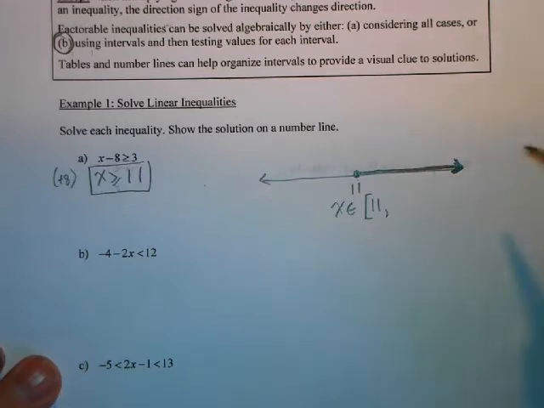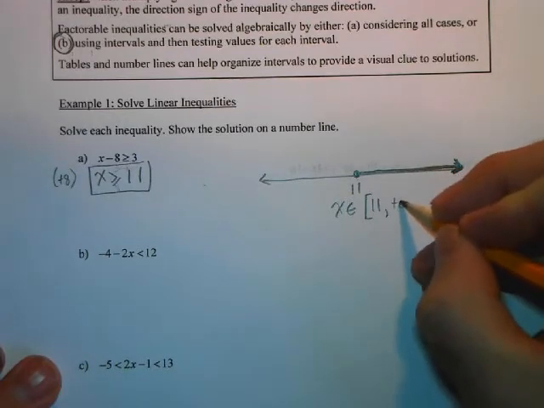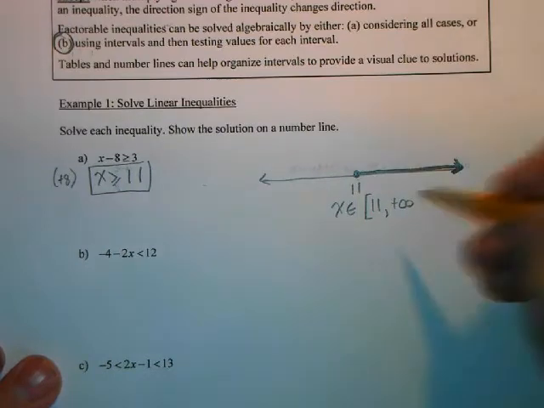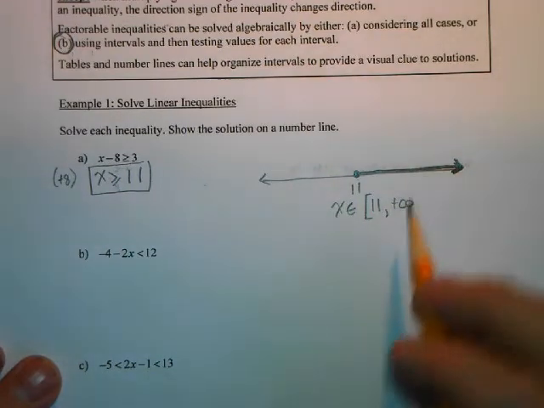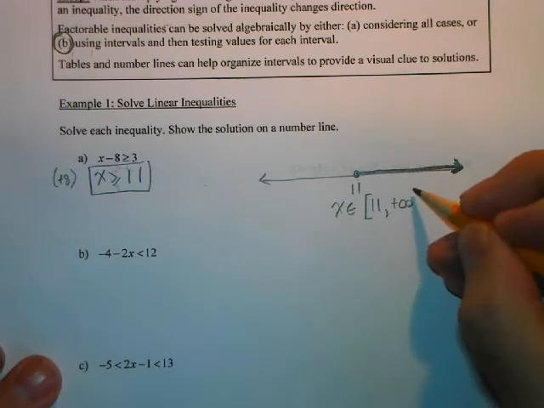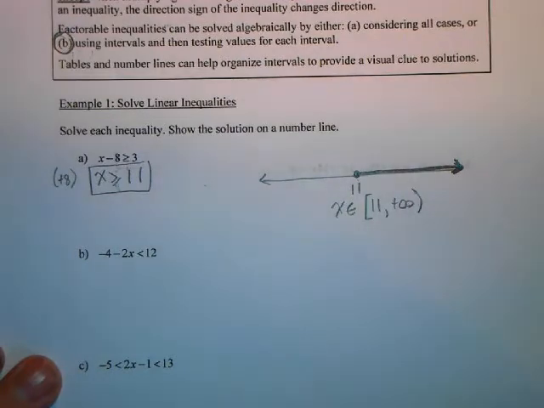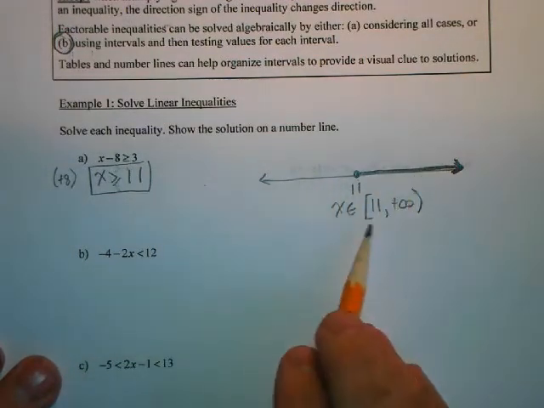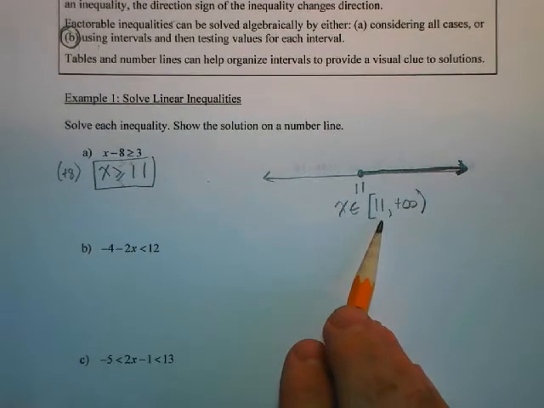And the upper end is positive infinity. You can either just put infinity, or I just like to put the plus sign to make sure it's clear. And then with infinities, we always put a rounded bracket at the end. Okay, so that would be the solution on a number line and in interval notation.